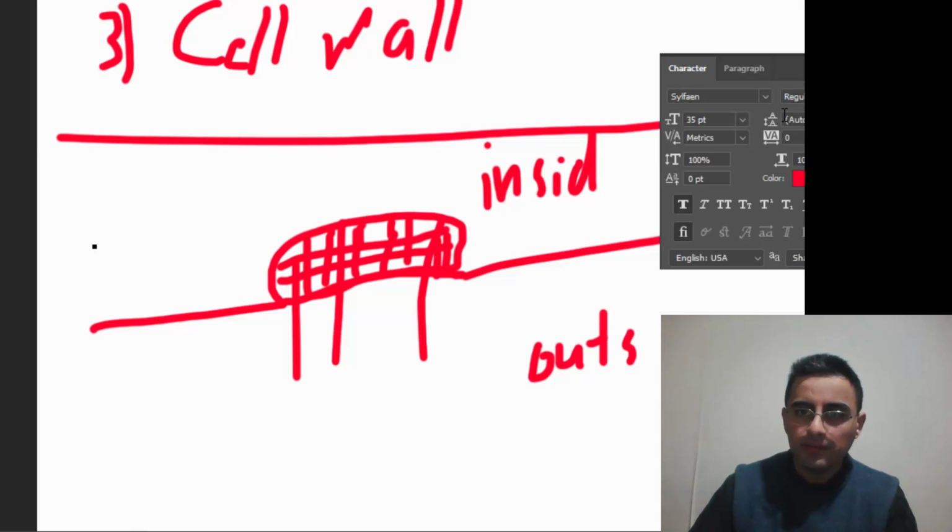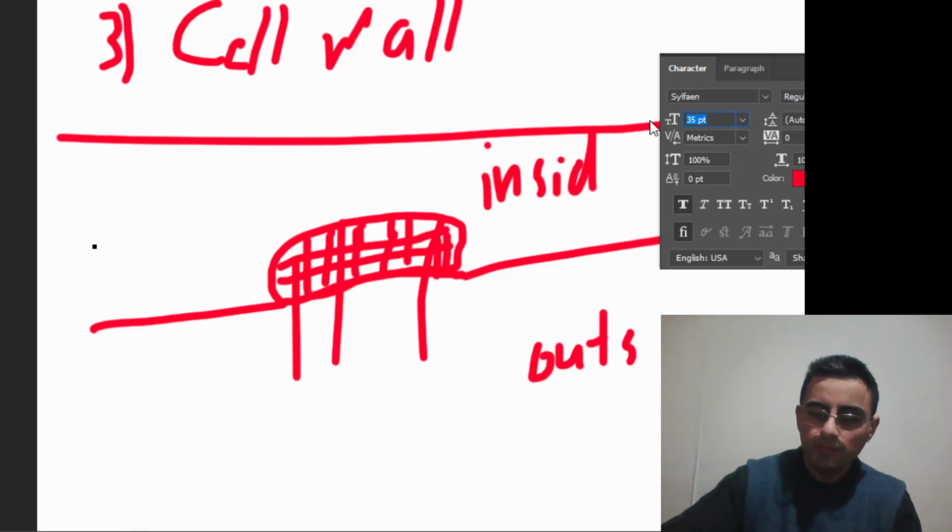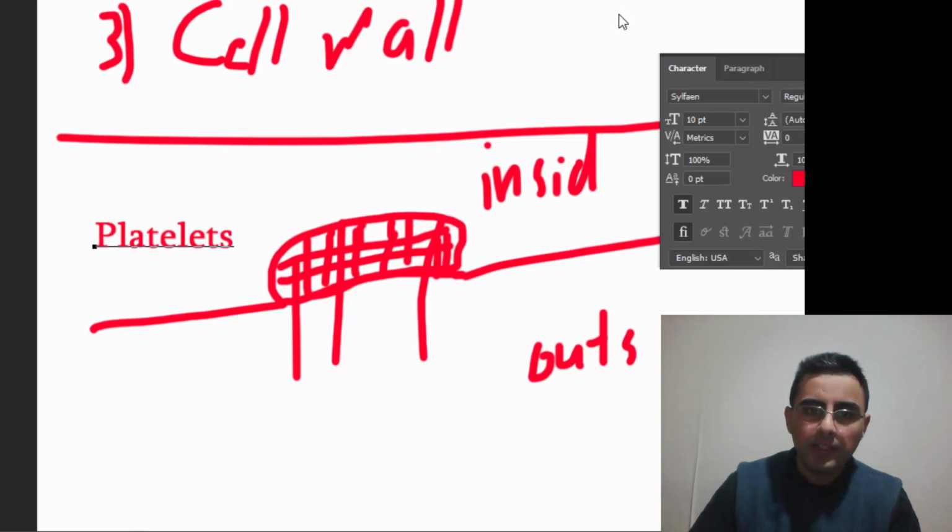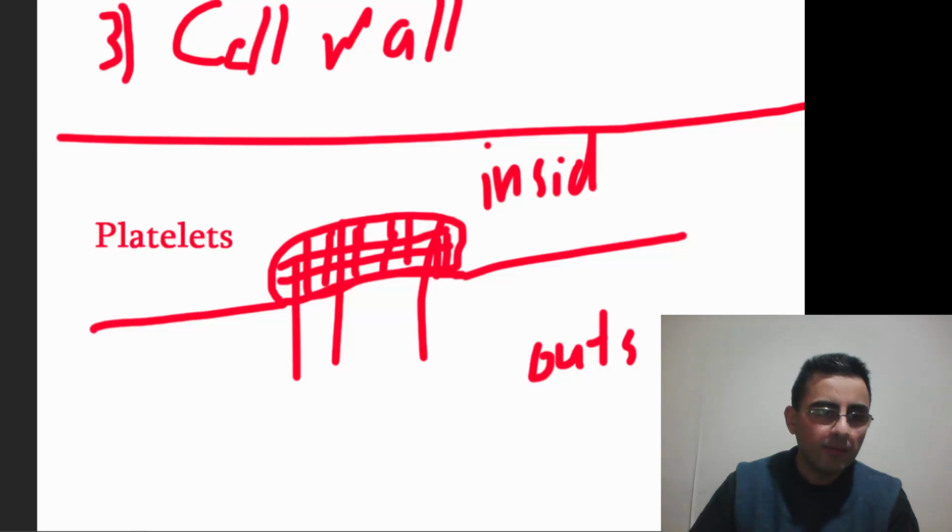Here are platelets and the stabilizing factor. Let's paint it in yellow. Fibrin acts as a glue. It stabilizes and sticks together. This clot, it's fibrin.